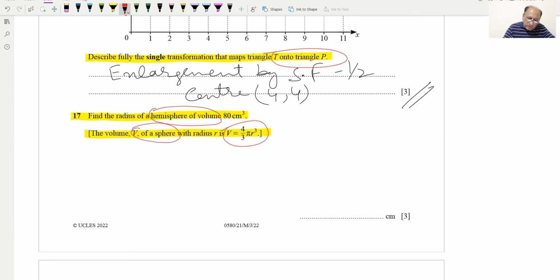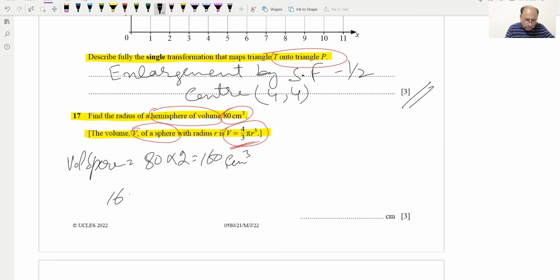So you can double the volume of the hemisphere to get the volume of the sphere. So volume of sphere will be equal to 80 into 2, which is equal to 160 centimeter cube.